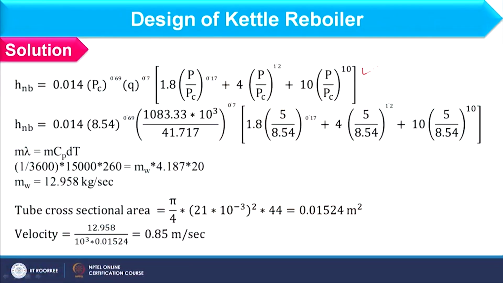Here we have the expression depending upon the critical pressure as well as the operating pressure along with the flux. What is this flux? This flux is nothing but the heat duty divided by the heat transfer area.